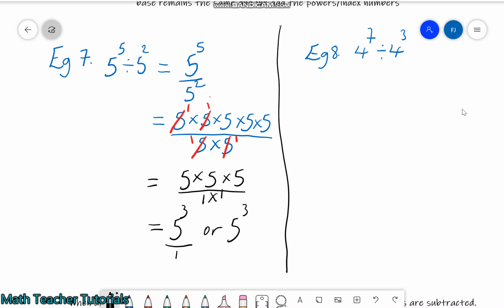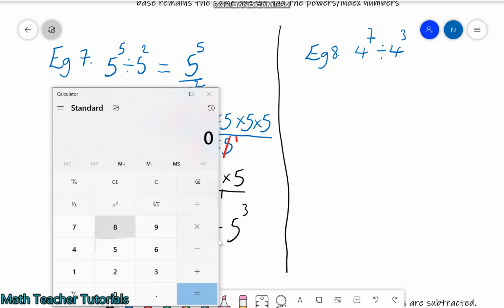We could also work out the solution to 5 times 5 times 5 on our calculator, where we will see that it equals 125.